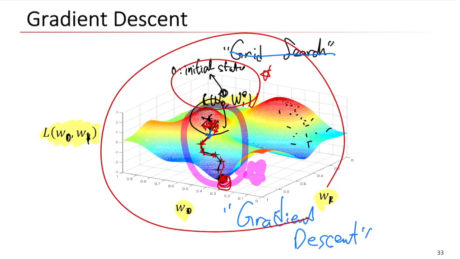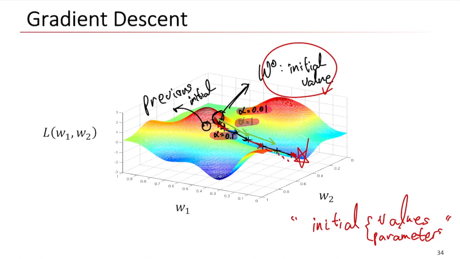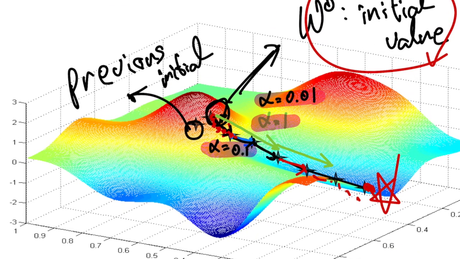As you can see here, gradient descent is sensitive to the initialization of the parameters. When we choose this parameter, the path of the gradient descent looks like this. But when we choose a random value like this, the gradient descent follows a path that looks like this.